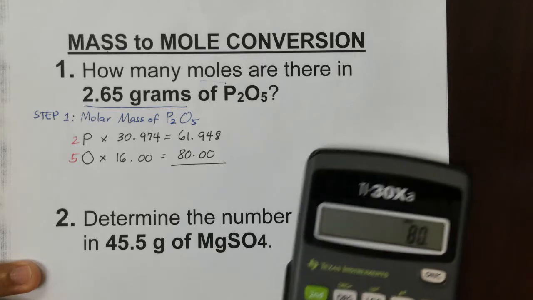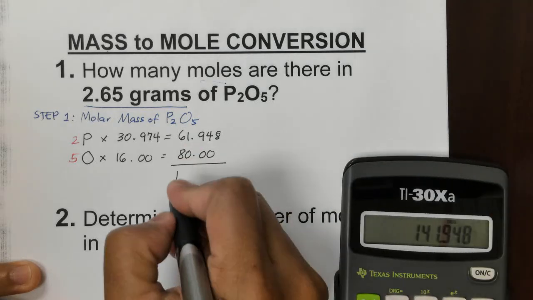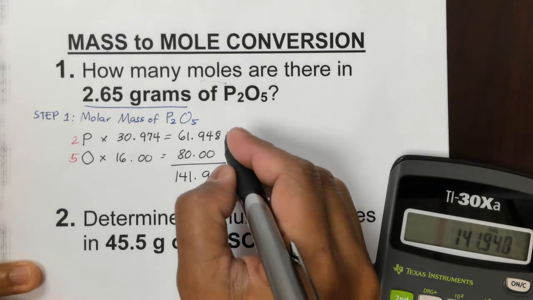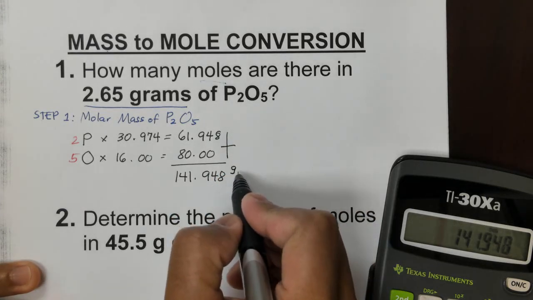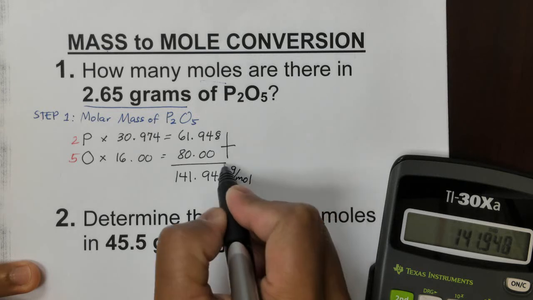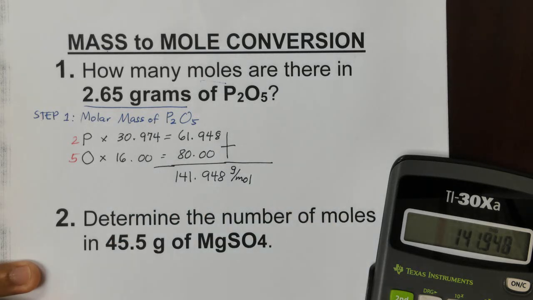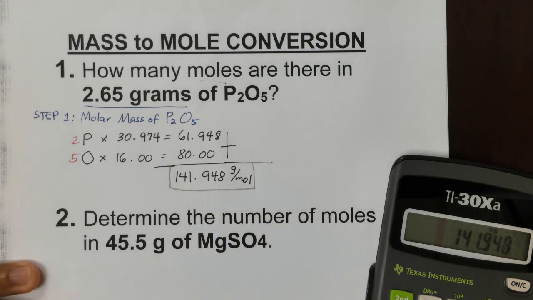So 80 plus 61.948, then we get around 141.948. Let me just put the plus there, to emphasize the plus again. And then we should not forget the unit for molar mass, which is grams per mole. And then we will box our molar mass to emphasize that that is what we need.